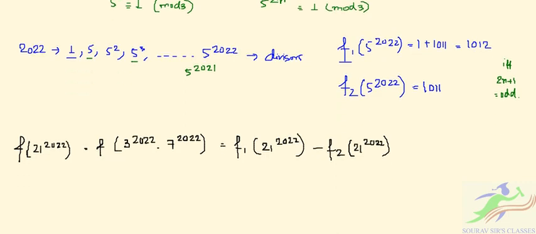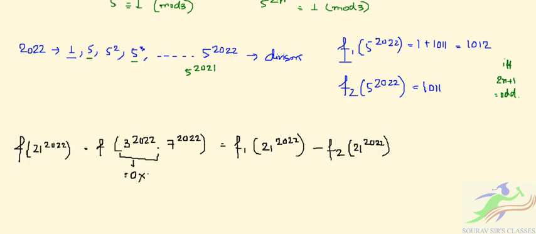Okay, so f1 and f2 don't contain the factor 3, because if we include it, it will be 0 congruent mod 3. So for f1 and f2 we cannot include 3, not possible.